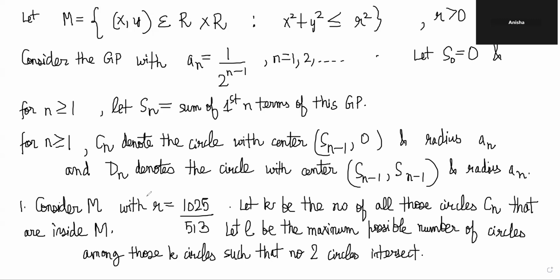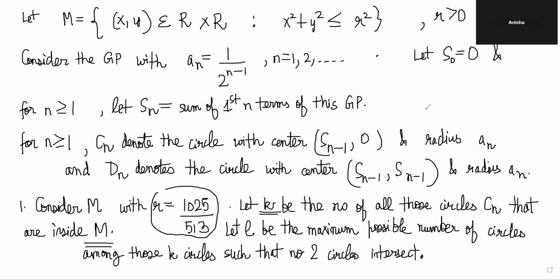So basically, consider M with the value of R being this number. K is the number of all the circles Cn that are inside M, and L is the maximum possible number of circles among these K such that no two circles intersect. Then we have to select the options. Have you written down so far?